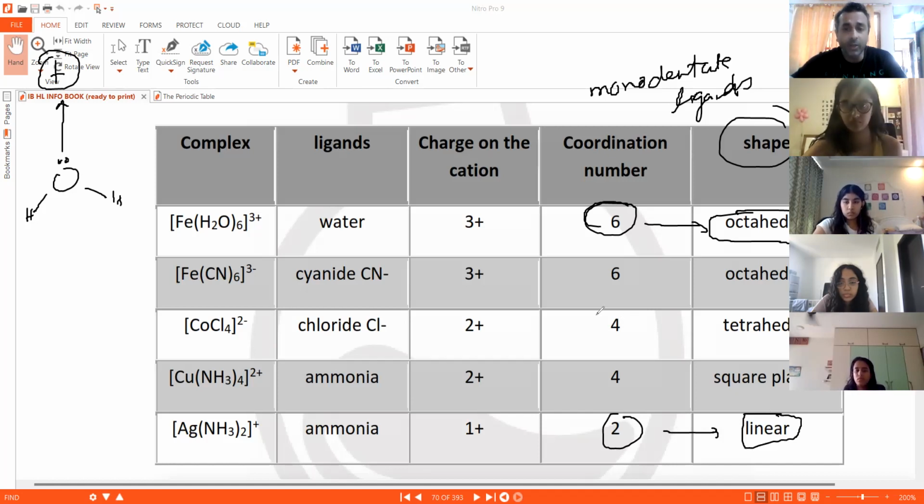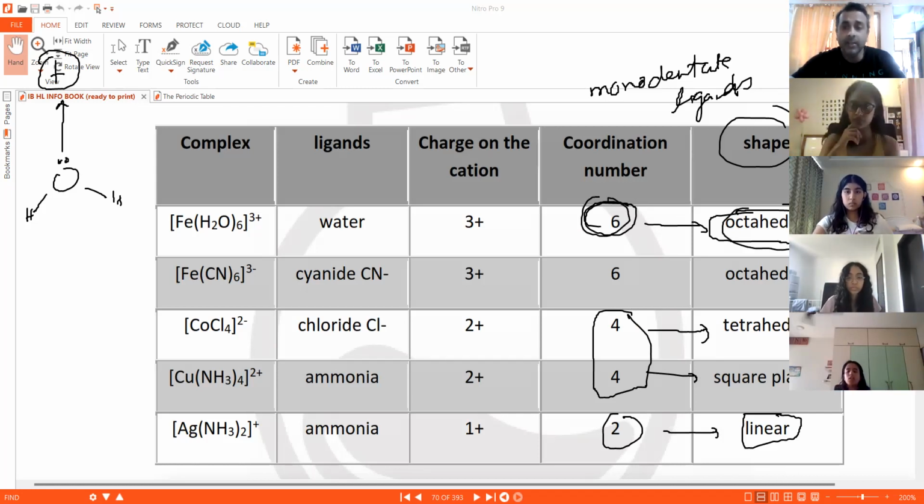And if the number of coordinate bonds is 4, then it could be either tetrahedral or square planar, but which one, you're not supposed to know. They will not expect you to know exactly what the shape is when the coordination number is 4. But they will expect you to know the shape is octahedral when the coordination number is 6, and linear when the coordination number is 2.